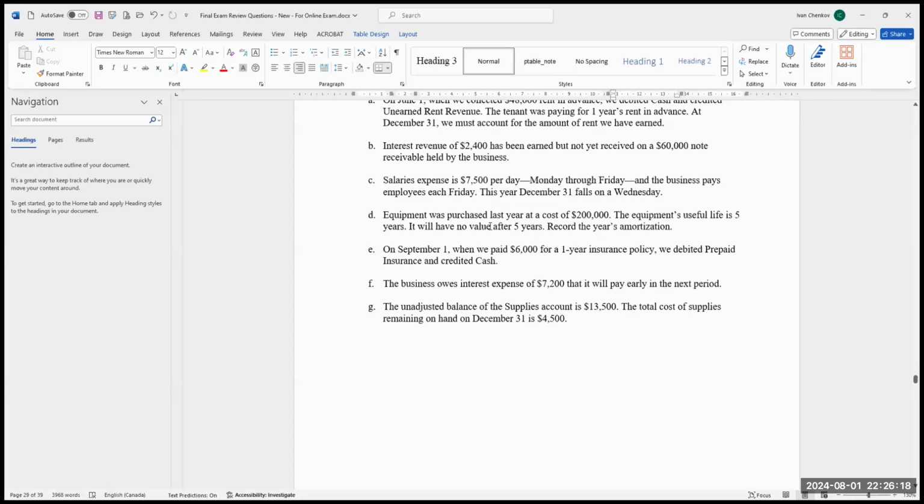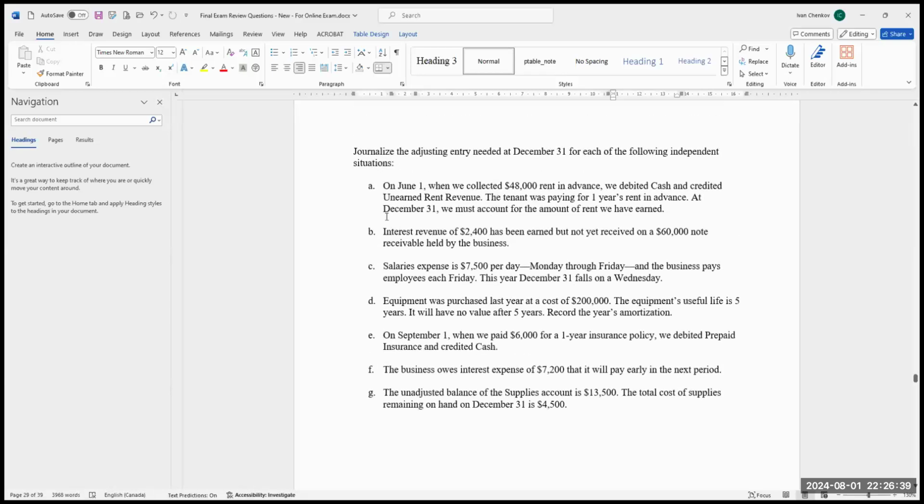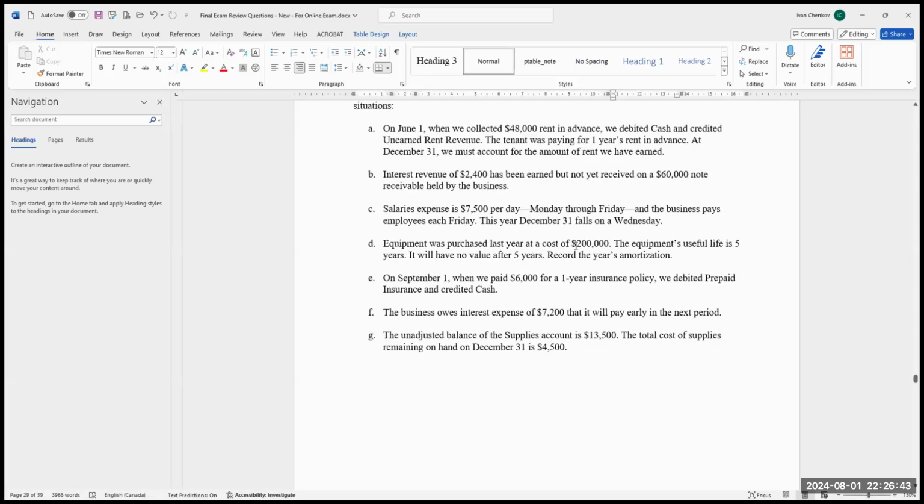Now for the equipment purchased at a cost of $200,000 with useful life 5 years, which will have no value after 5 years, you have to record the year's amortization. Since you don't have the purchase date of the equipment, you assume that this equipment was used for the entire year. So 200,000 divided by 5 gives you the annual amortization, and the problem is solved.